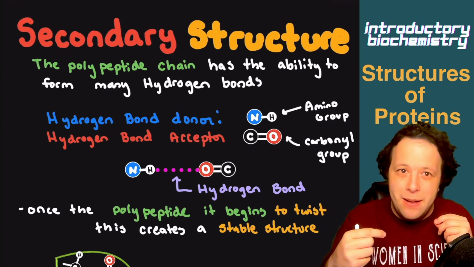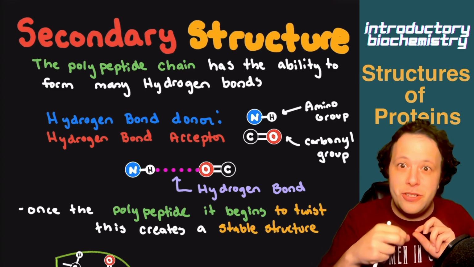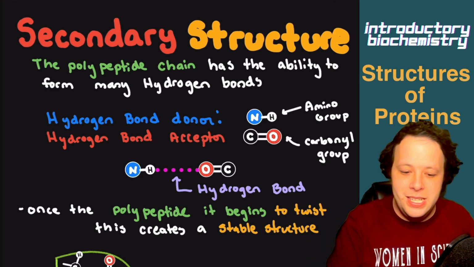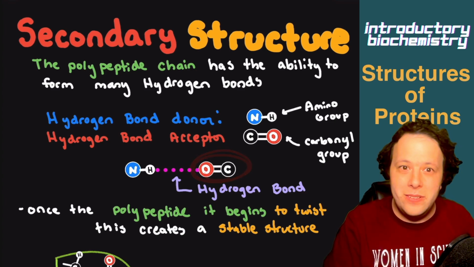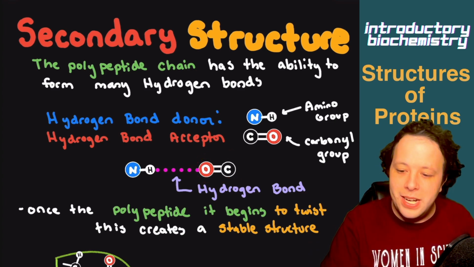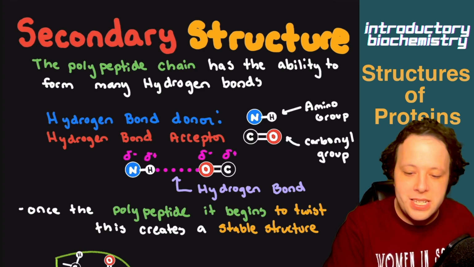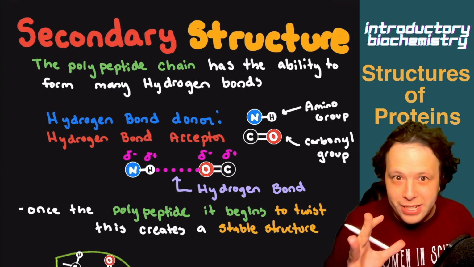So the amino group is a hydrogen bond donor, meaning it has the hydrogen that's participating in the hydrogen bond, and it's going to hydrogen bond to the carbonyl on the opposite side. If you remember how we would label things like that, we'd say delta negative, delta positive. So we have that acceptor donor relationship.